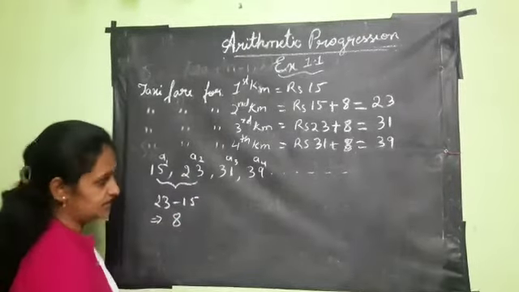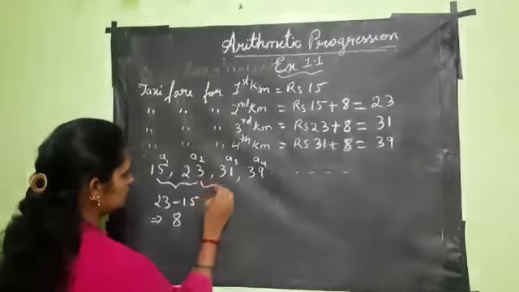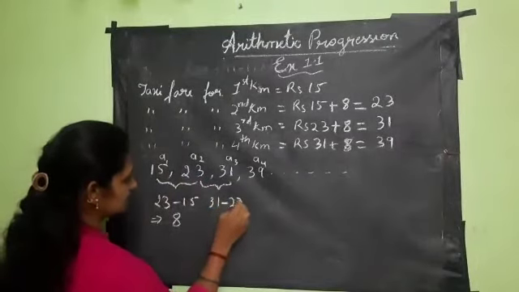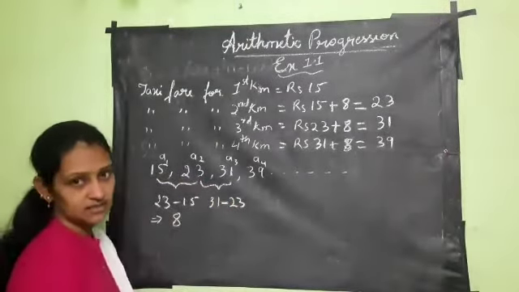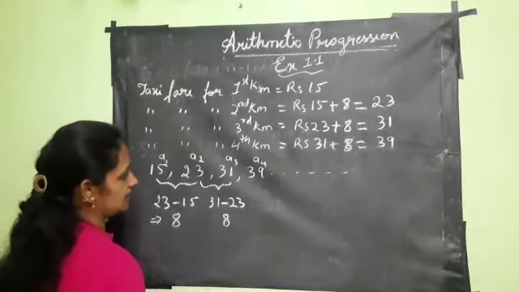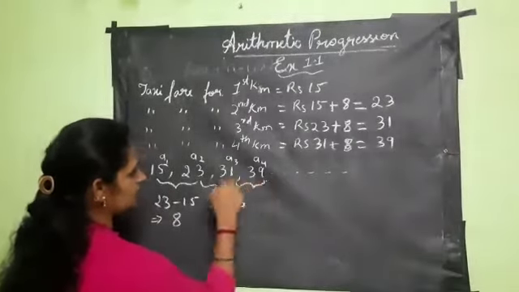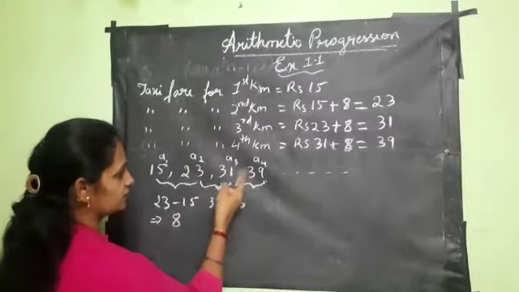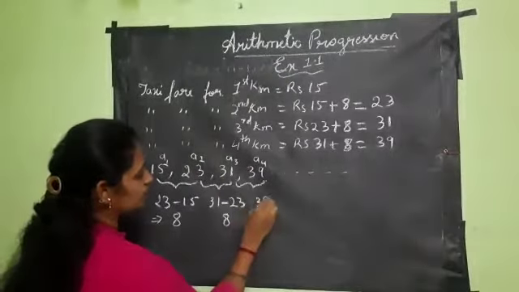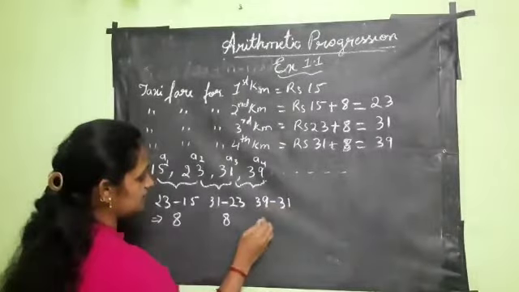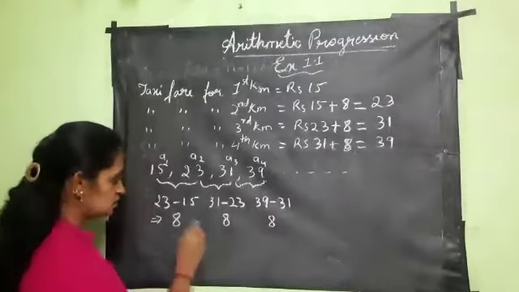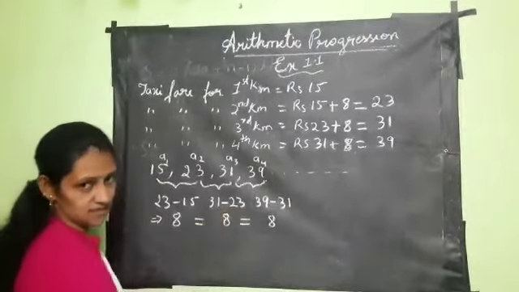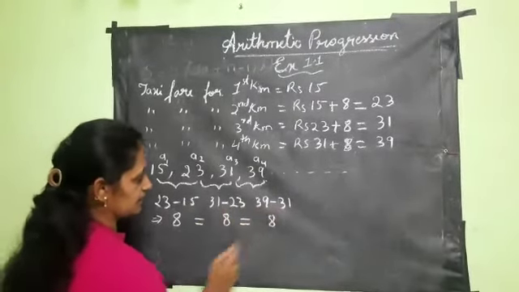Is it 8? Yes. So let me check it for A3 minus A2. 31 minus 23. What is 31 minus 23? Yes, it is once again 8. So check it for the difference between A3 and A4, that is A4 minus A3, 39 minus 31, which is once again 8. So A2 minus A1 is equal to A3 minus A2, it is equal to A4 minus A3.